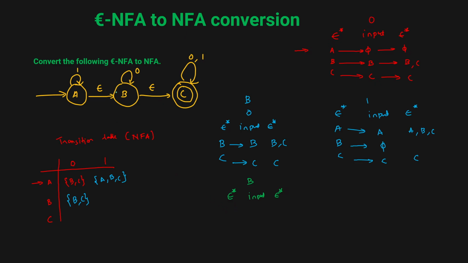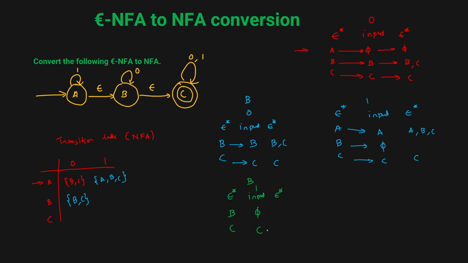First thing you have to write is the epsilon closure for state B. If you get epsilon, that is no input, you go to state B and state C. So let's write that down, B and C. In state B, if you get input 1, you go to state B, and if you're in state C, if you get input 1, you go to state C itself.